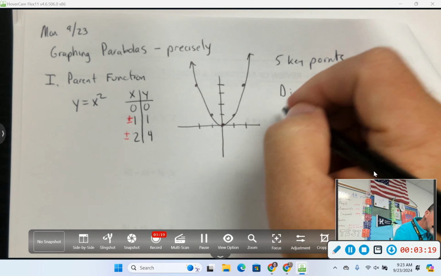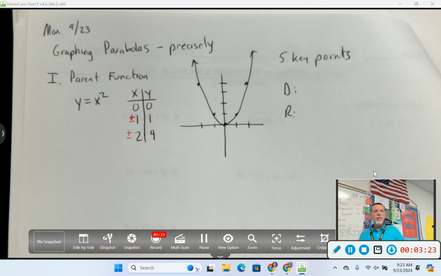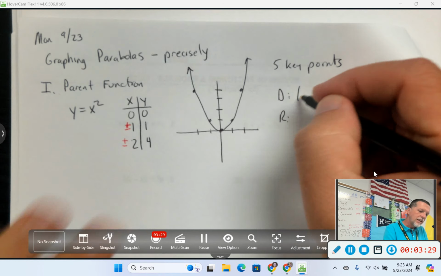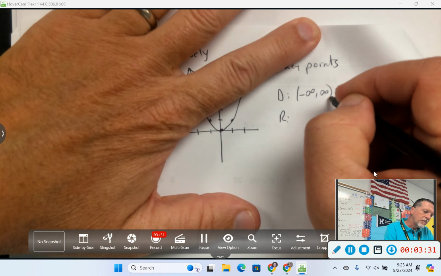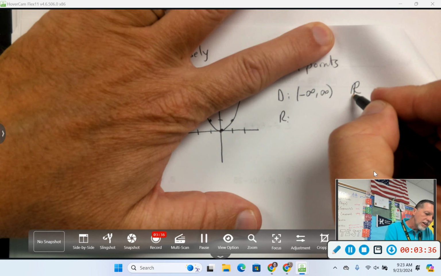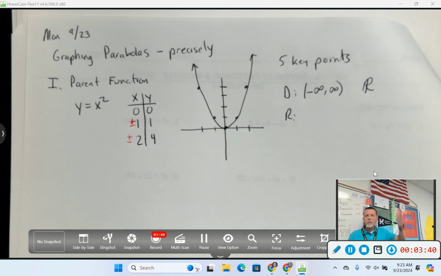Just as a reminder, and because we ask later today, let's do domain and range. How about the domain of that parabola? Negative infinity to positive infinity. If you want to write the fancy R, it's like a script R with an extra line through it.